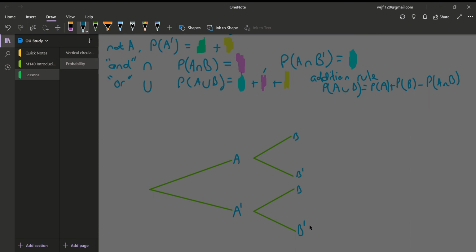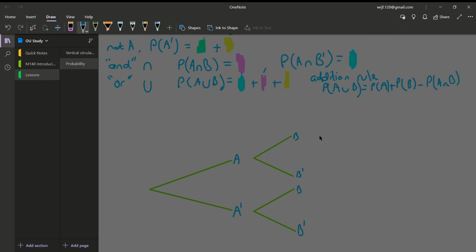Generally speaking, what we do here, we label probability values alongside each branch along here, and then, for example, if we want to work out what's the probability of A and B happening, we'd follow the route through. So we'd be going along the yes, A did happen, and then we'd be following along the branch that yes, B did happen as well.